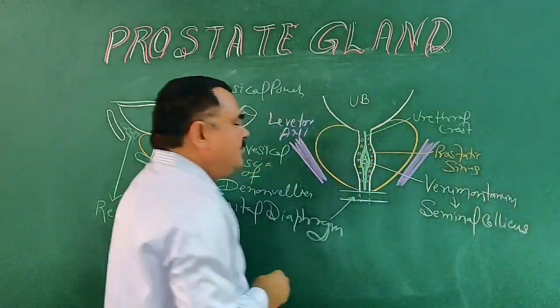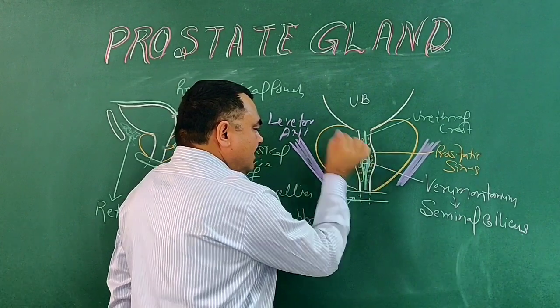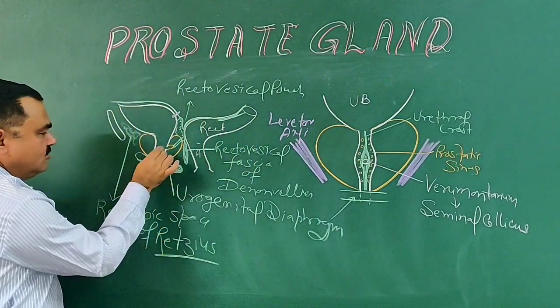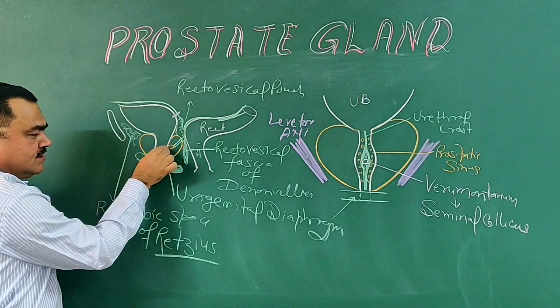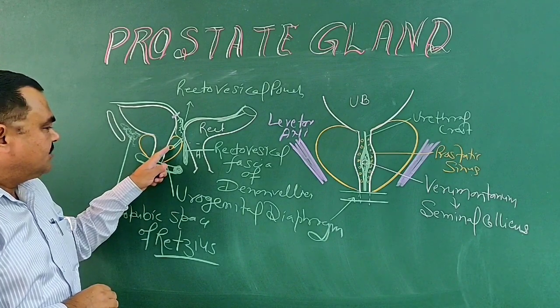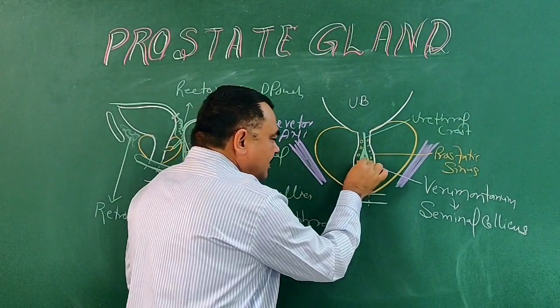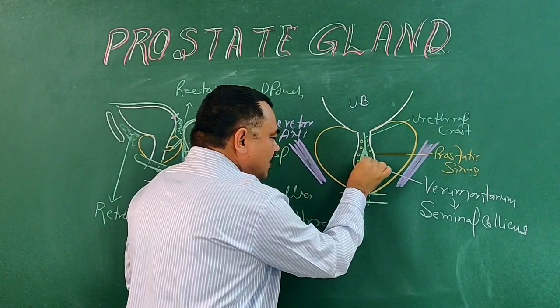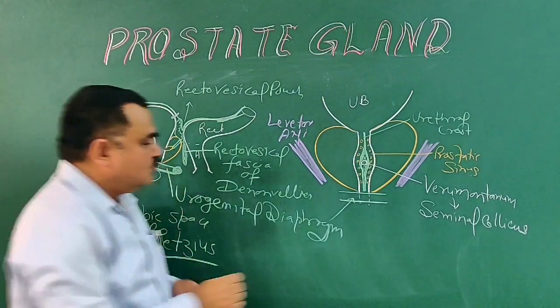On the posterior wall is the prostatic utricle, and this prostatic utricle opens here in the verumontanum. This is the opening of the prostatic utricle.